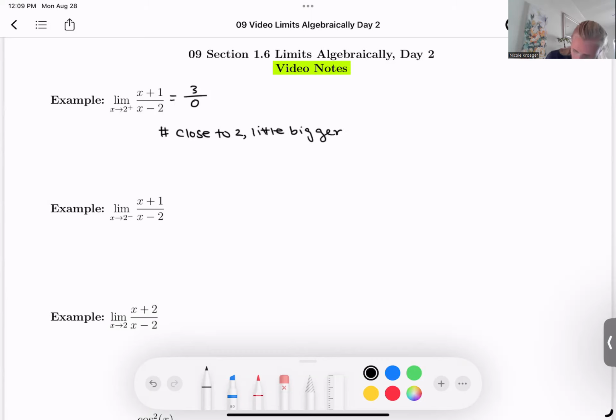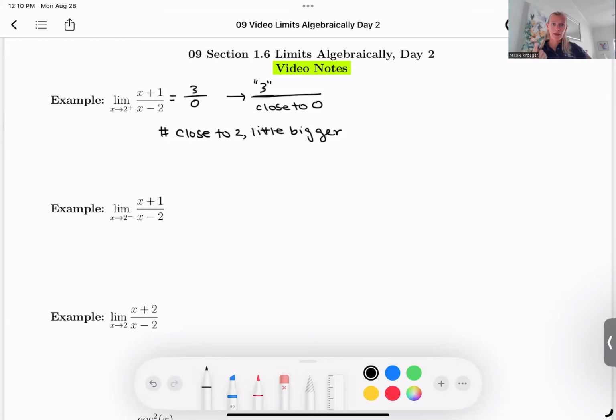If I plug in a number close to 2, the numerator is still going to be essentially 3. I can put it in quotes because it's not going to be exactly 3. So if I plugged in like 2.1, I'd get 3.1. My denominator is going to be a number that's close to 0. Not quite 0 though. And we have to decide whether it's positive or negative.